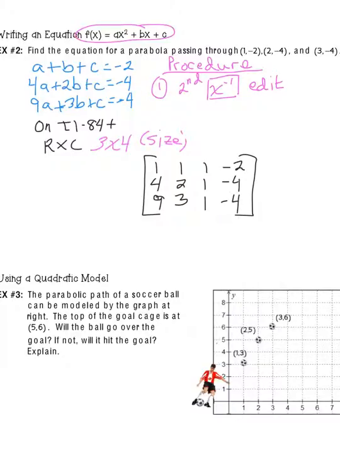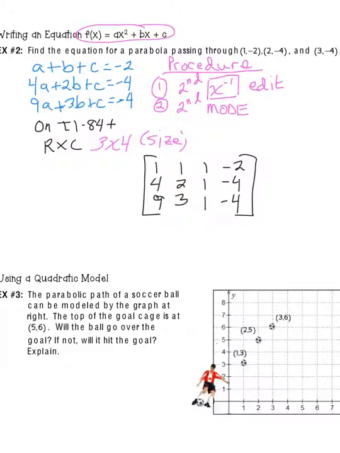So that's what you want underneath this edit right here. All right, so once you do that, then you're ready for the next procedure. So then your next procedure is going to be, so second one, then you're going to do second, and then you're going to hit the mode button.